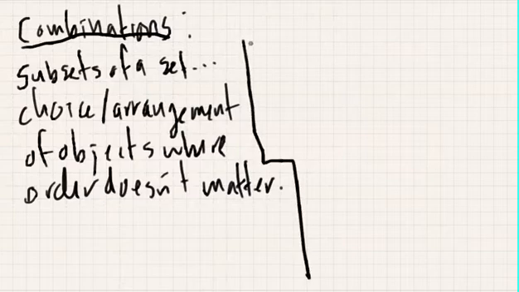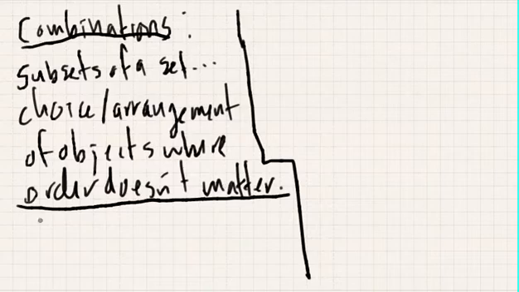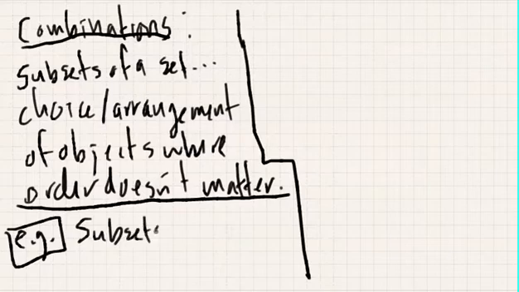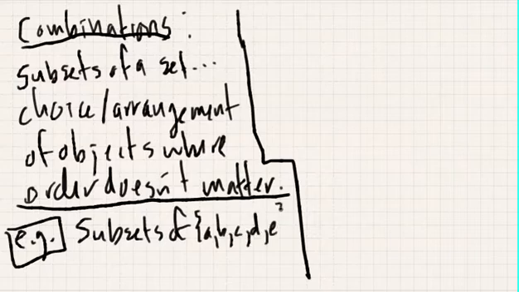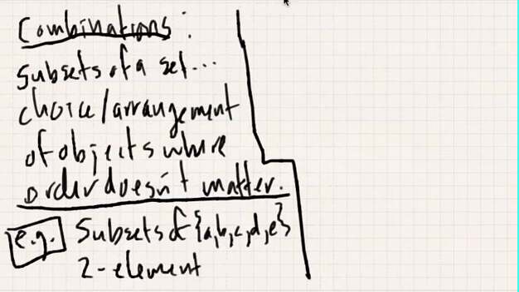And as an example, let's look at subsets of a particular set. For example, let's look at subsets of A, B, C, D, E. And specifically, let's look at two-element subsets. So I'm taking all subsets of two elements. Well, what are these?